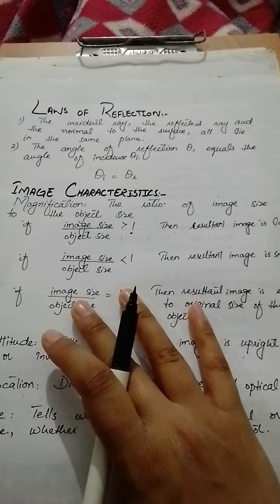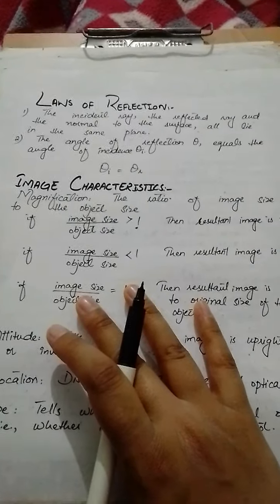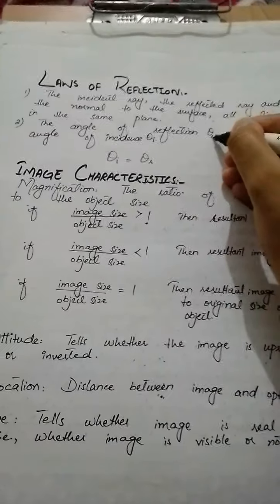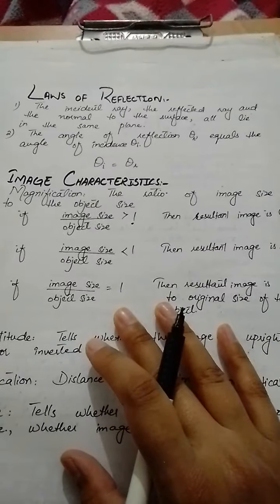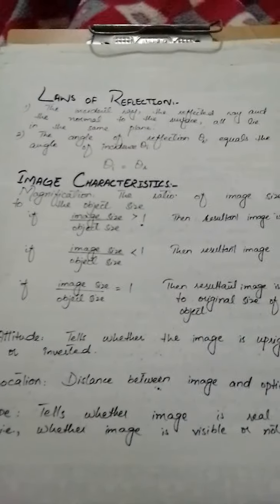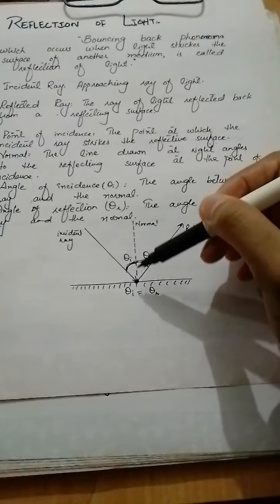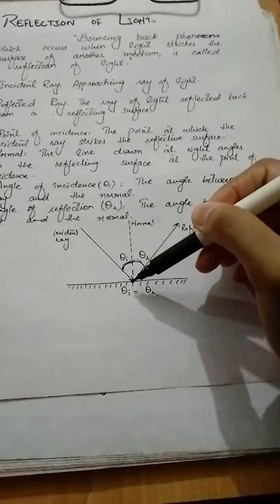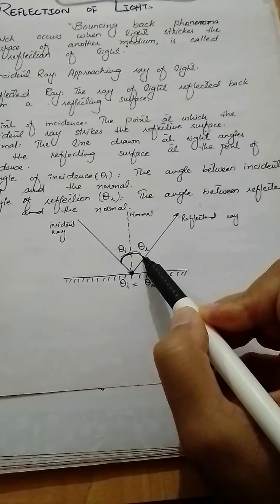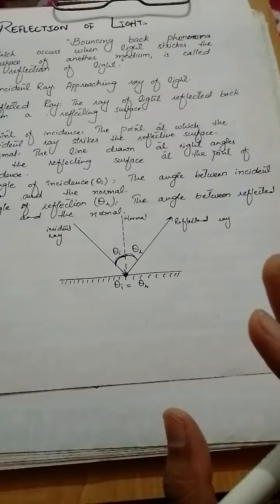The second law is very simple and very important. The angle of reflection theta r equals the angle of incidence theta I. Theta I equals theta r. When we draw the normal to the reflecting surface, we will see that these two angles are completely equal to one another.